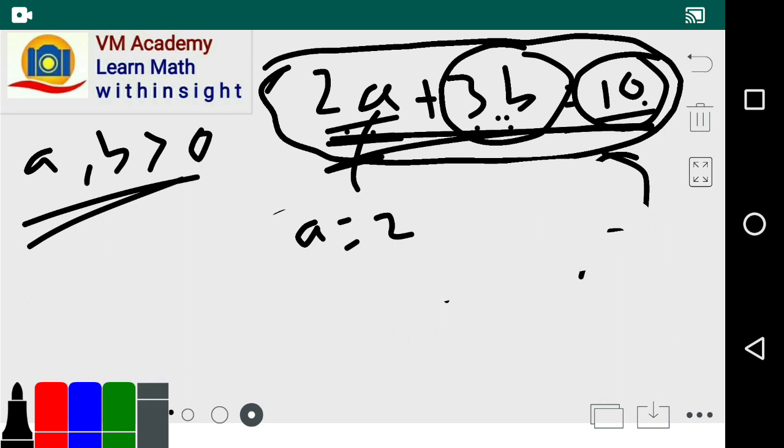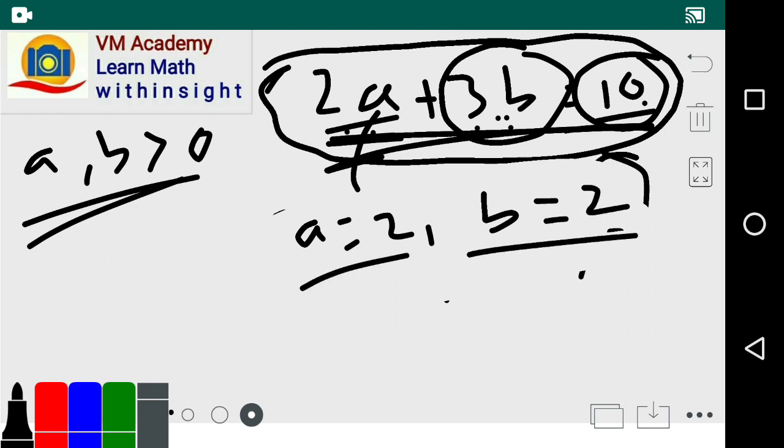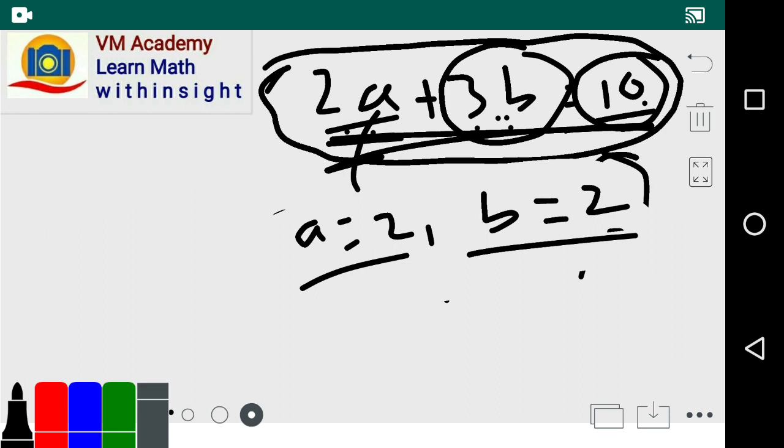So A equal to 2 and B equal to 2 is the initial value, friends. And from this we can easily generate the next integer solution.